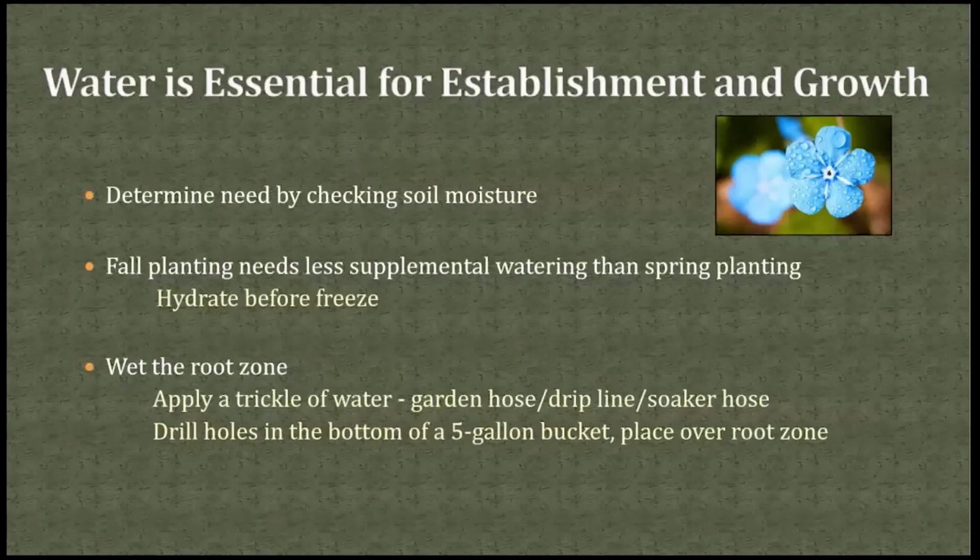So we're talking about water next. Water is essential for establishment and growth. And the most important thing is you have to determine the need by checking the soil moisture. So figure out how you're going to do it, whether it's digging down, poking your finger into the soil, using a soil moisture reader. And of course, it depends on the area you live.